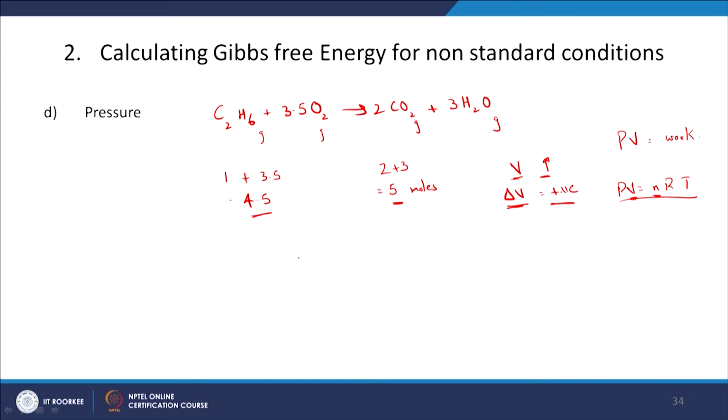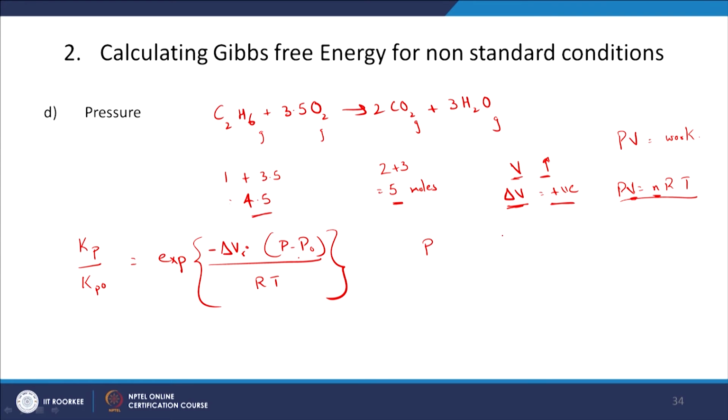Rather than going through the same derivation again as for KT by KT naught, here we can come up with Kp by Kp naught equal to exponential of minus delta V r naught into (P minus P naught) by RT. Here we are trying to look at the effect on your equilibrium coefficient when you are changing the pressure.